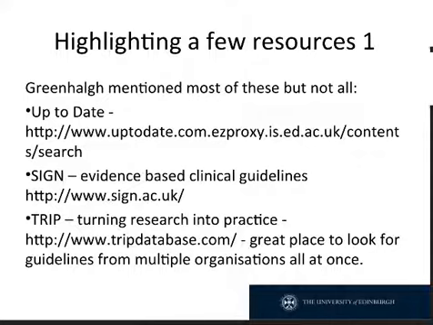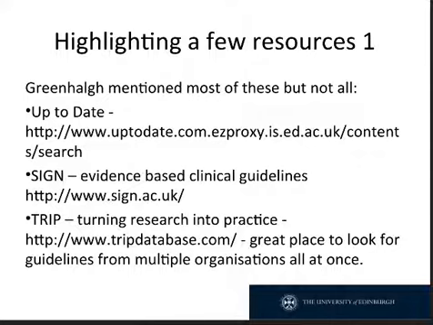So just a few of these could be UpToDate, which I don't think Greenhalgh mentioned, but actually I can't remember if she does mention it. And I would like to point you toward the Scottish Intercollegiate Guidelines Network if you've not used those before.